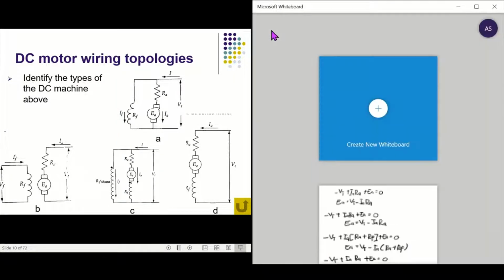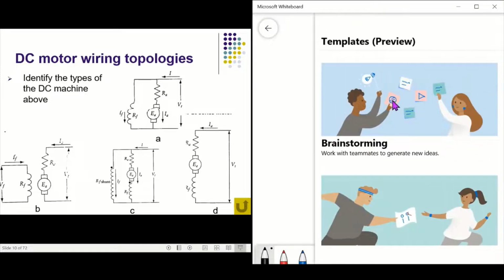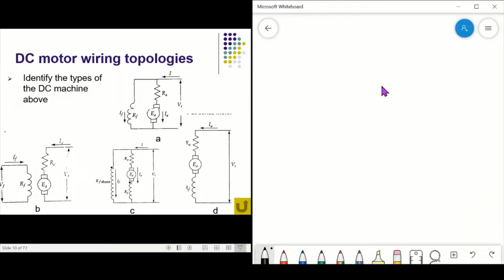Now, I write the equation again. EA equal to VT minus IA R. And then EA is directly proportional to K flux omega.